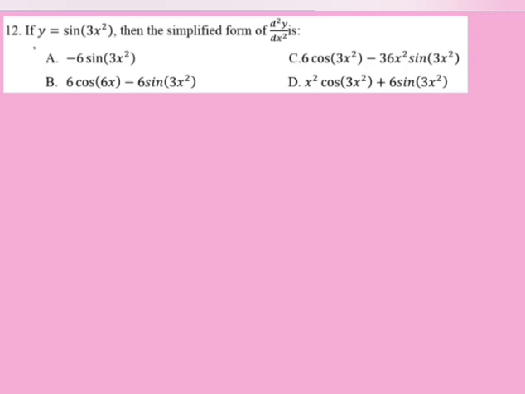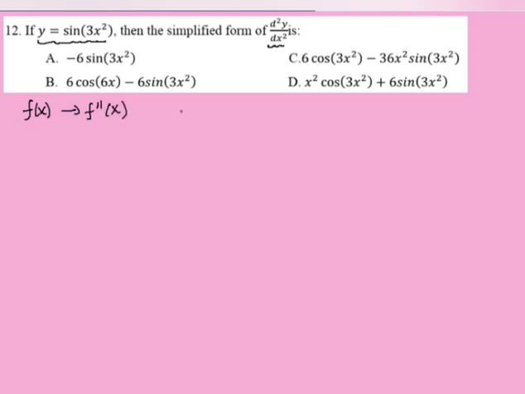If y is equal to sine of 3x squared, then the simplified form of the second derivative is how much? Usually for a function f, the second derivative is denoted by f double prime.